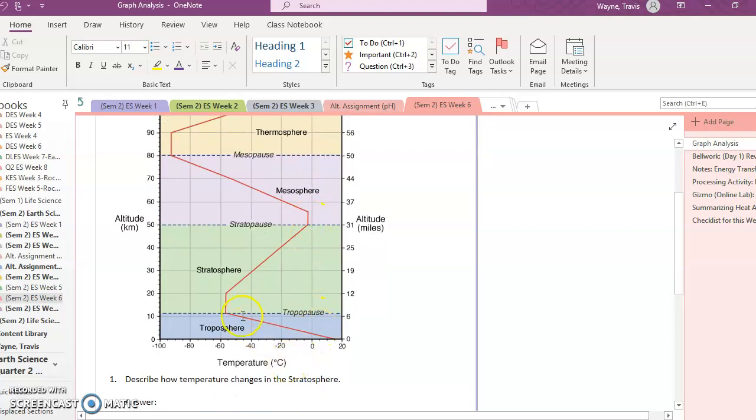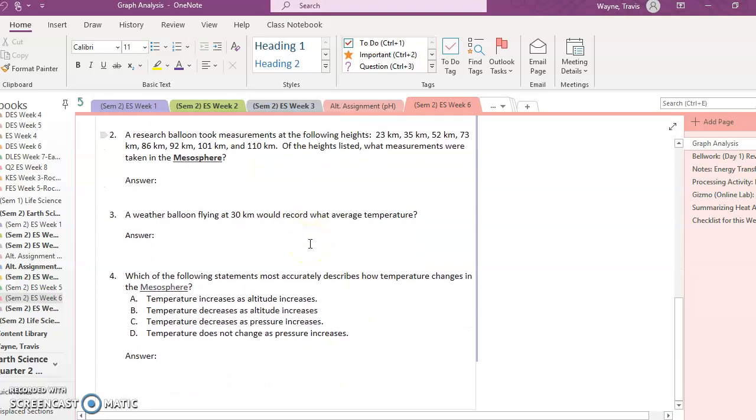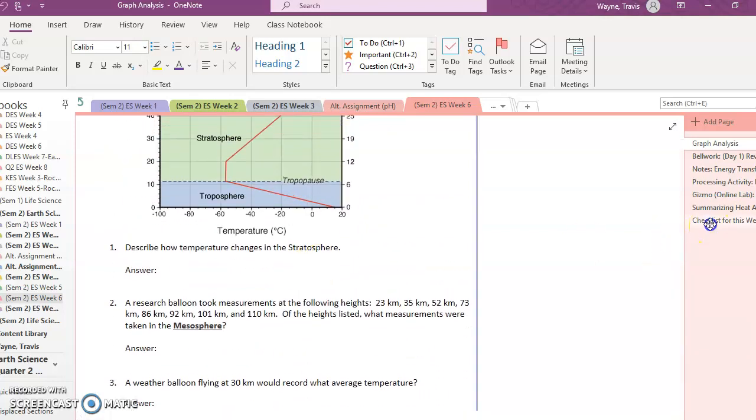So there is a unique trend, and these temperatures change at certain points, normally at the boundaries between two different atmospheric layers. Just like normal, there are some questions that correspond with that graph.